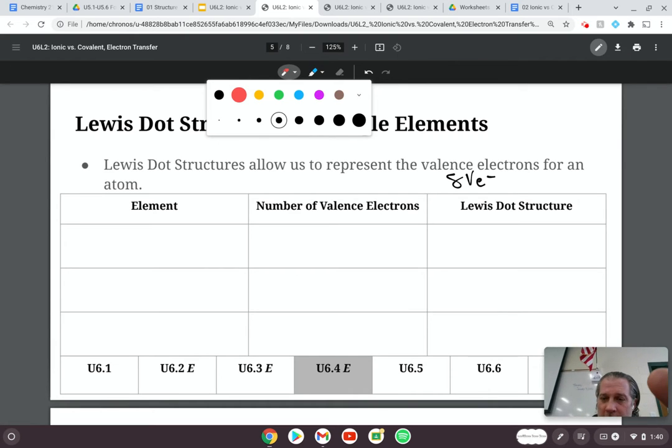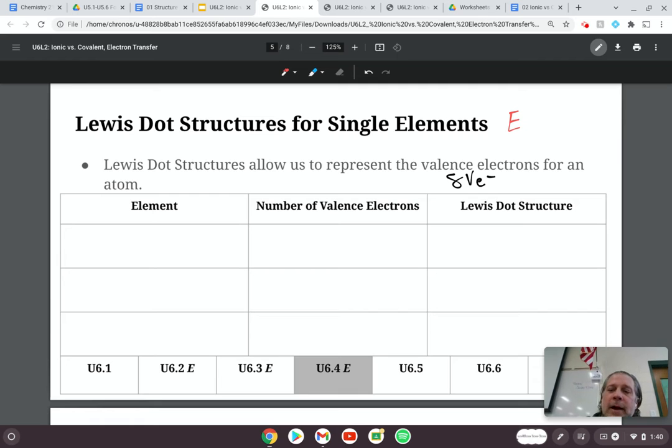So if I were to draw an element and draw the 8 electrons, I would draw them in sort of a pattern. So it kind of looks like this. You'd go top, bottom, left, right, top, bottom, left, right. So you want them to pair up, really, is what's happening.